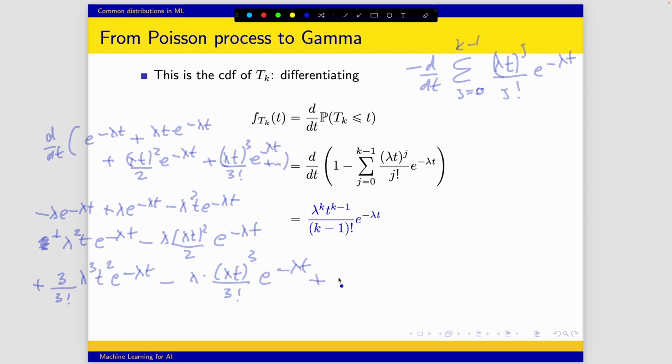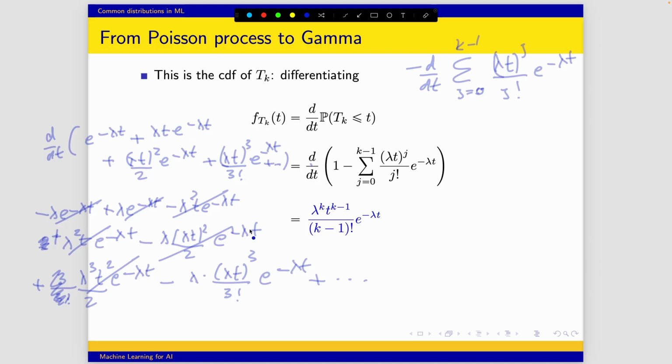And we'll keep going. There are more terms here. So let's see what's going on. This cancels with this. This cancels with this. So plus lambda times that, which is lambda cubed t squared over 2 e^(-lambda t). 3 over 3 factorial is 1 over 2. And so this cancels with this, and this will cancel.